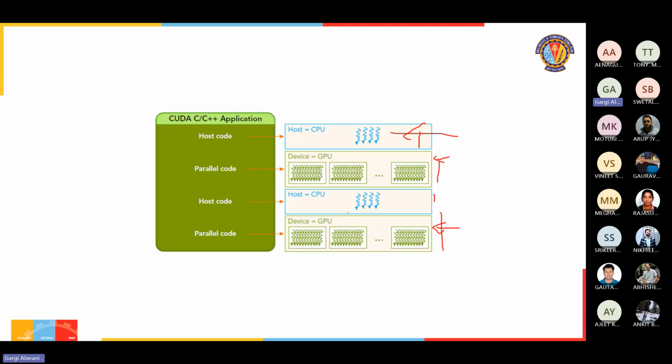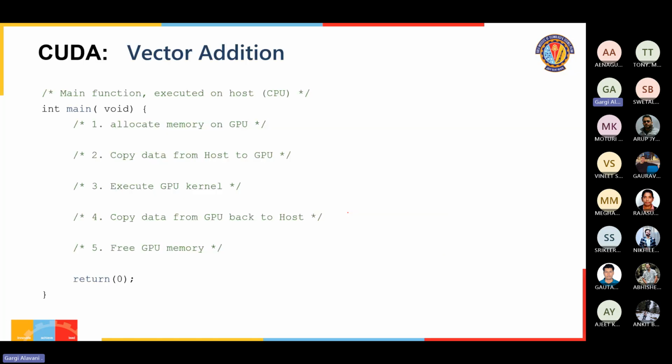So let us see an example of vector addition where there is only one GPU kernel. We will talk about multi-kernels later, but a single kernel, simple program, vector addition. There are 5 things that you need to do. First, allocate memory on your GPU.